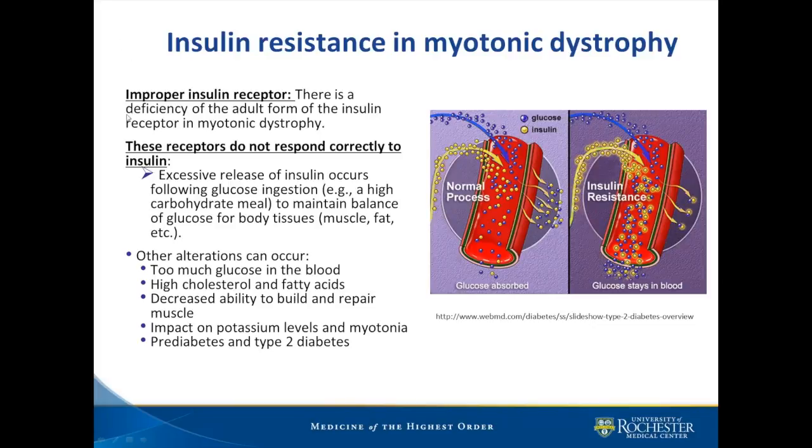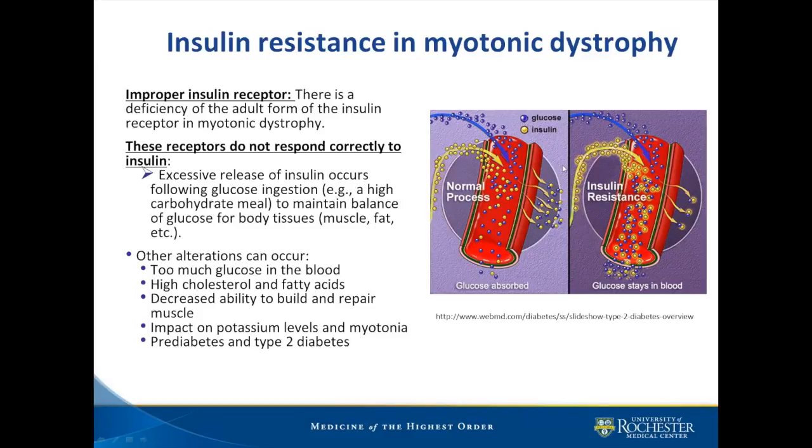So the fact is that there is a deficiency of the adult form of the insulin receptor in myotonic dystrophy. And so these receptors do not respond correctly to insulin, and there's an excessive release of insulin that has to occur in order for the cells to take up glucose at the rate that they need to and to distribute glucose appropriately to muscle and fat.